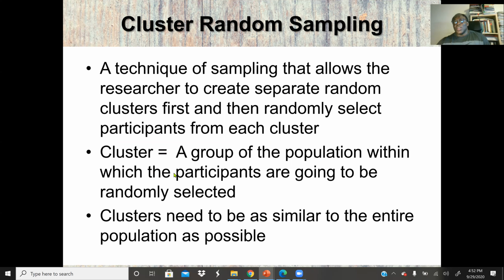So a cluster can be a group of population within which the participants are going to be randomly selected, and the clusters may have a condition, maybe male and female, or participants who earn more than $80,000 a year, cluster A, less than or equal to $80,000 with cluster B. And clusters need to be as similar to the entire population as possible.